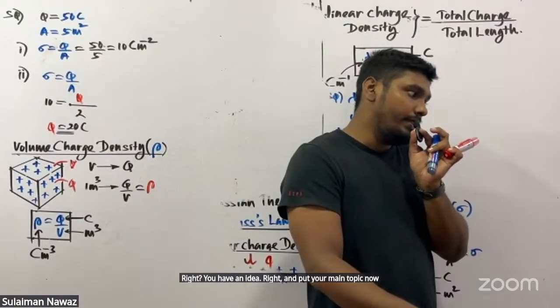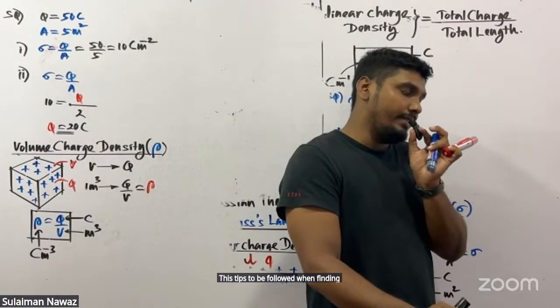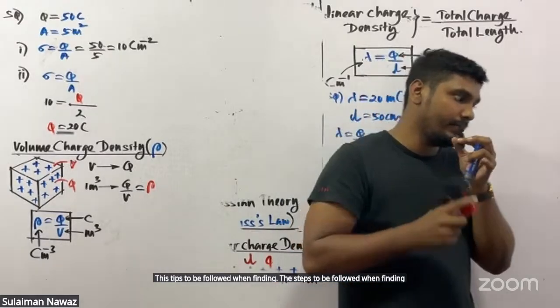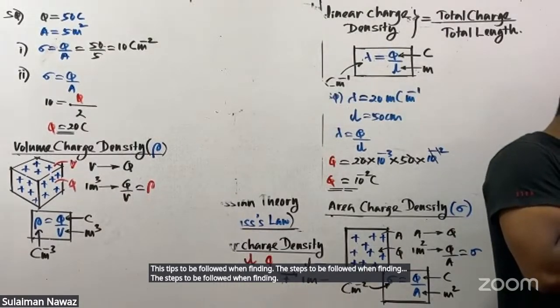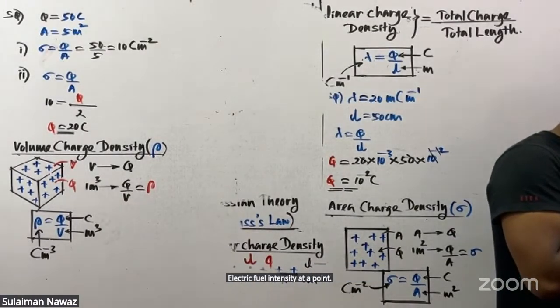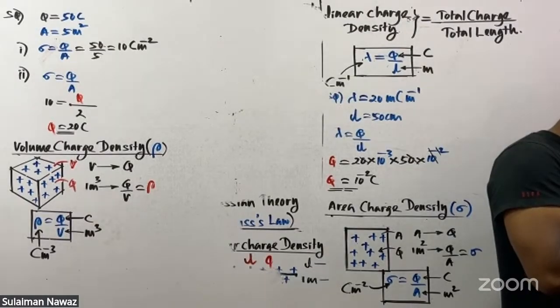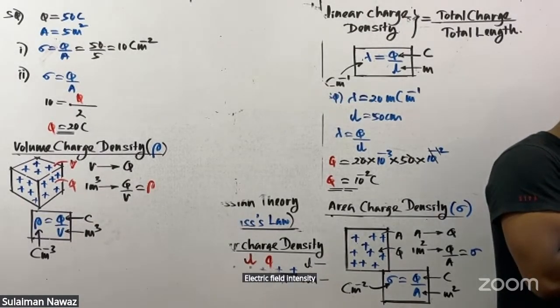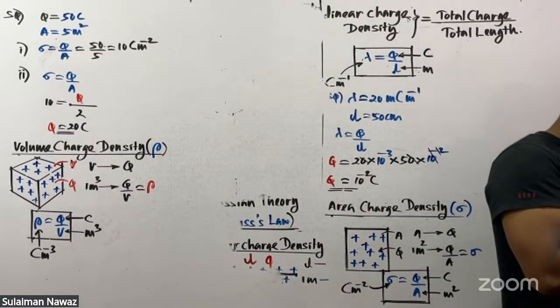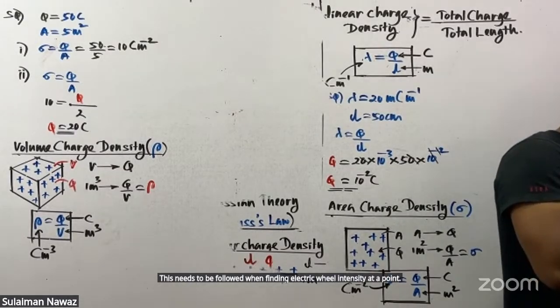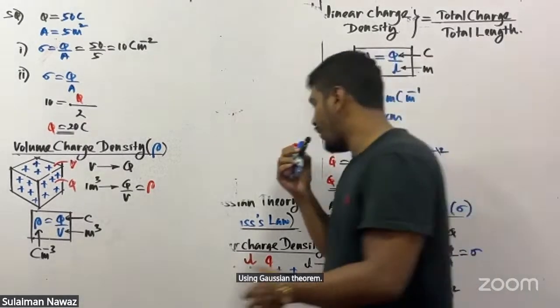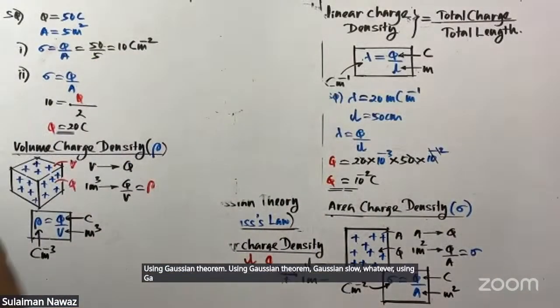Main topic now: the steps to be followed when finding electric field intensity at a point using Gaussian theorem, Gauss's law, whatever.